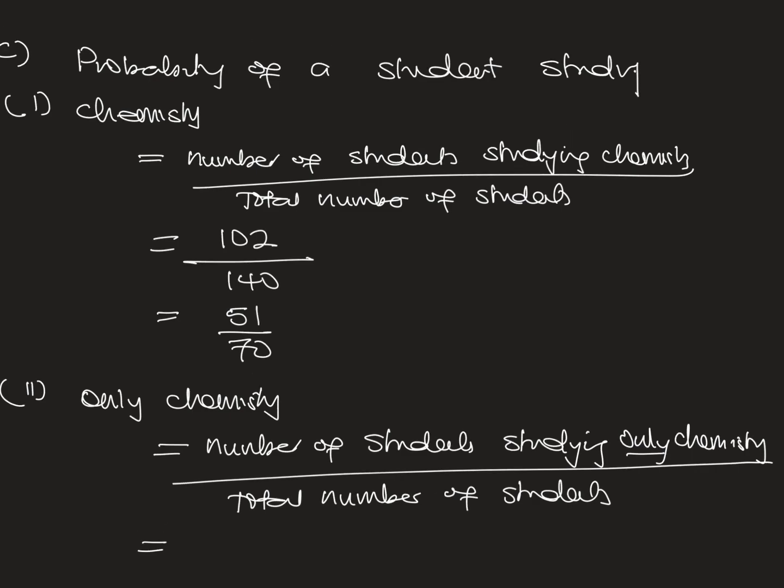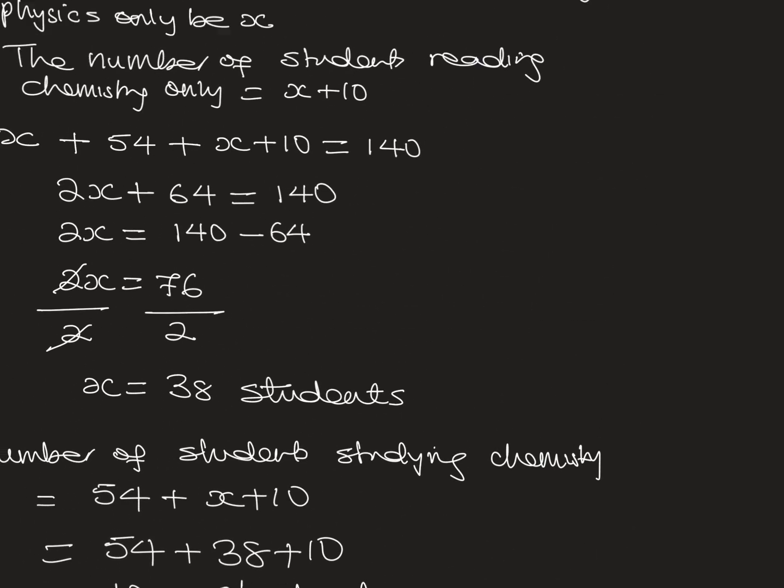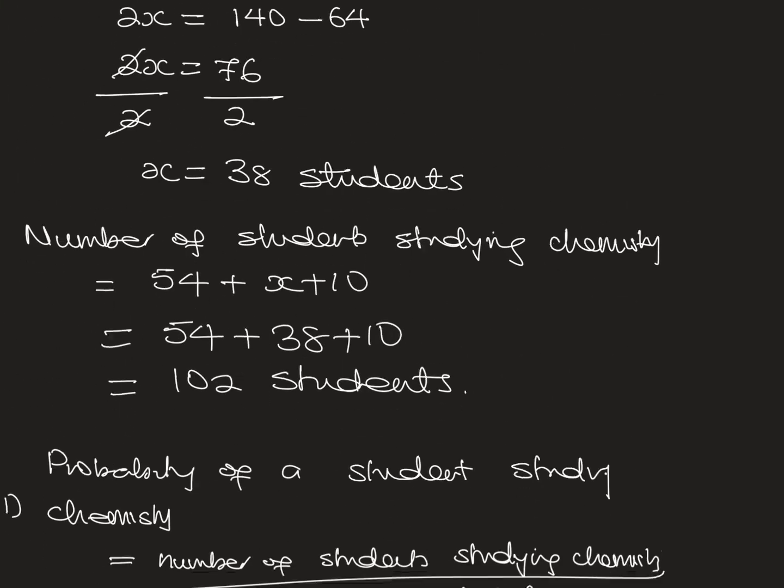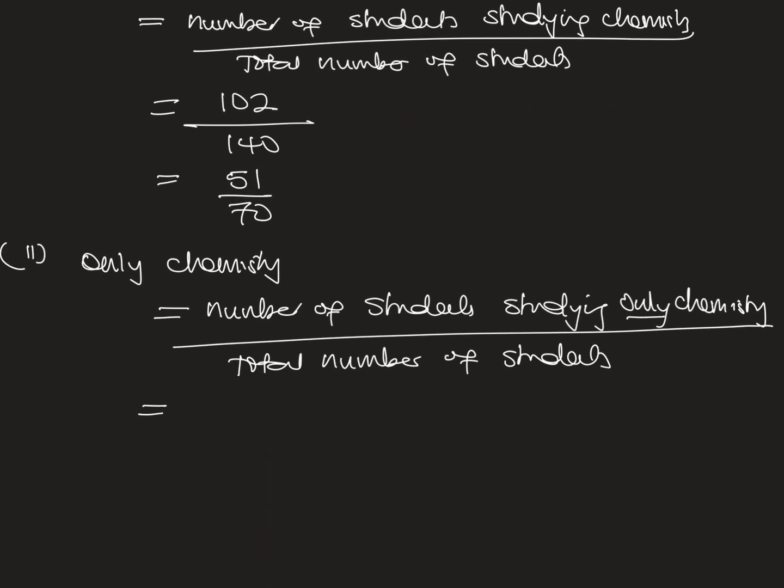The number of students studying only chemistry, that is 48. So that will be 48 out of 140. And you'll have 12 out of 35, okay, if you simplify that.